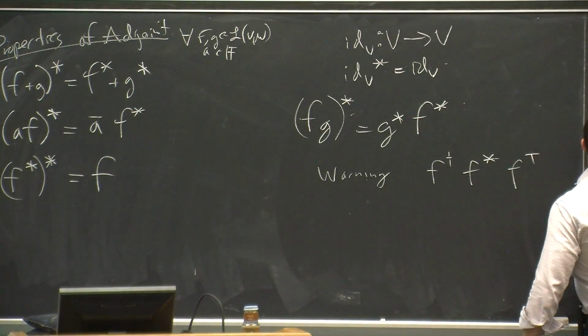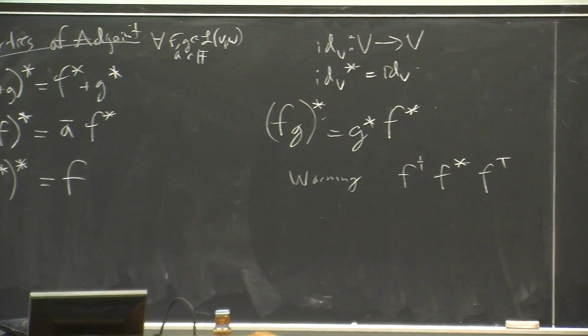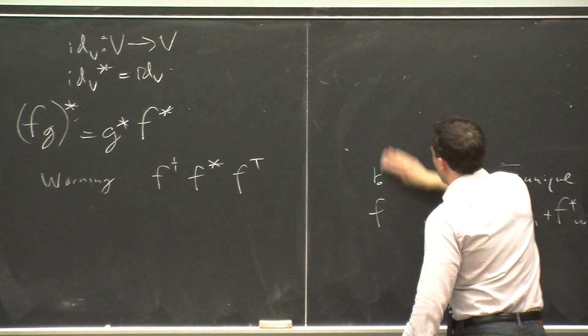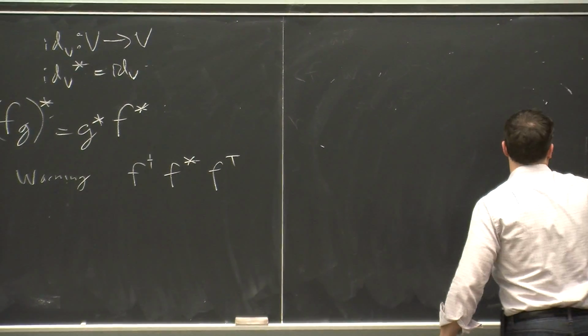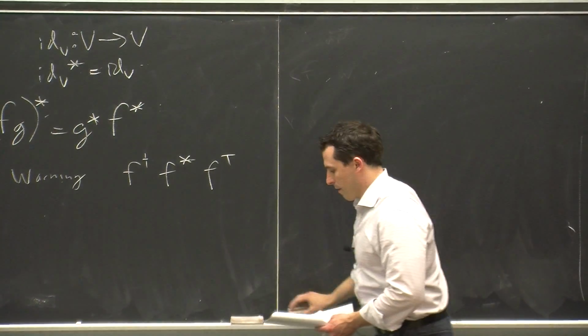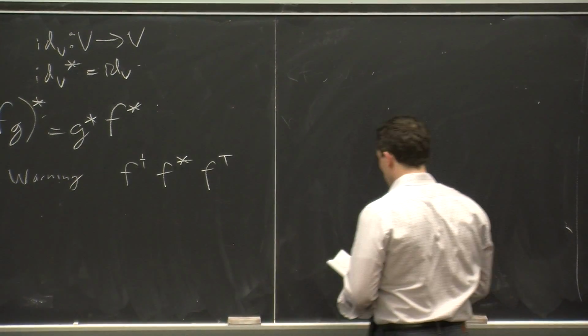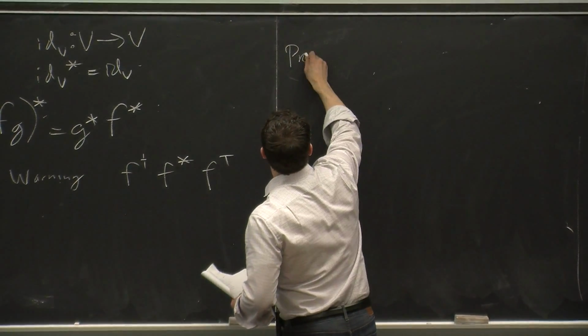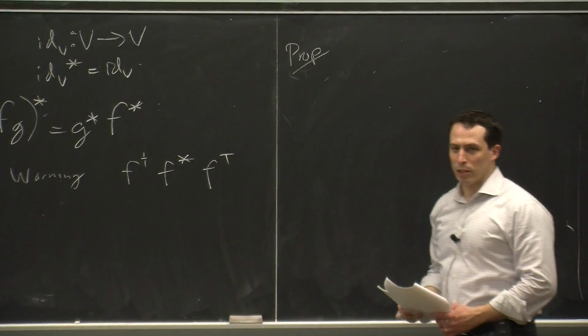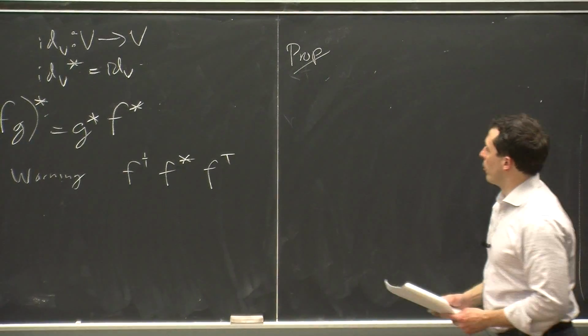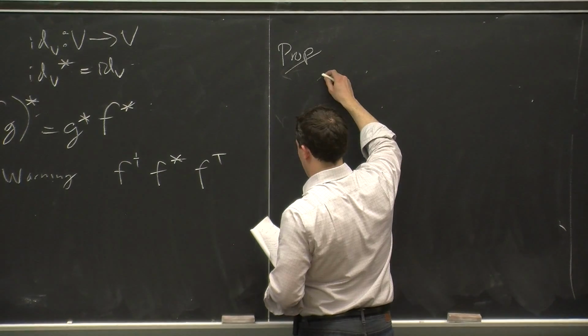So let's look at some properties of this adjoint. And we know that it exists, and it's a linear transformation that goes in the opposite direction. First of all, it interacts in a very nice rigid way with ranges, null spaces, and orthogonal complements.